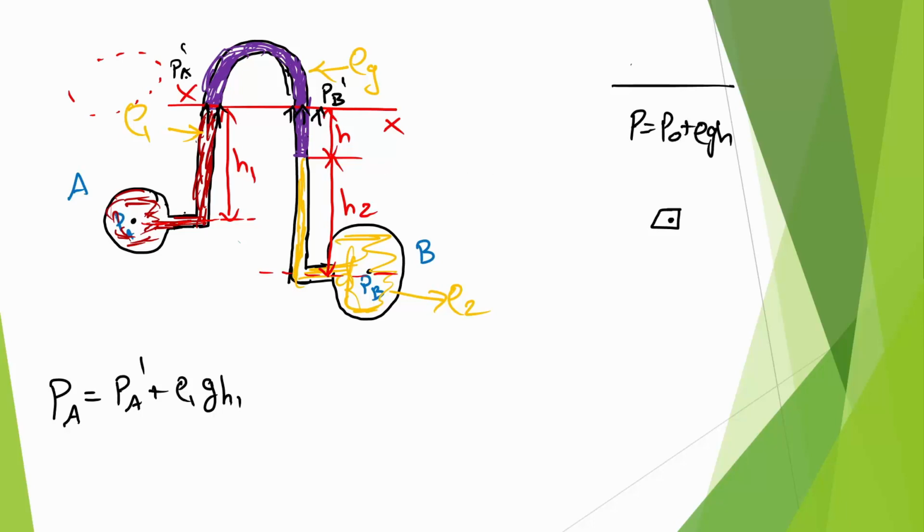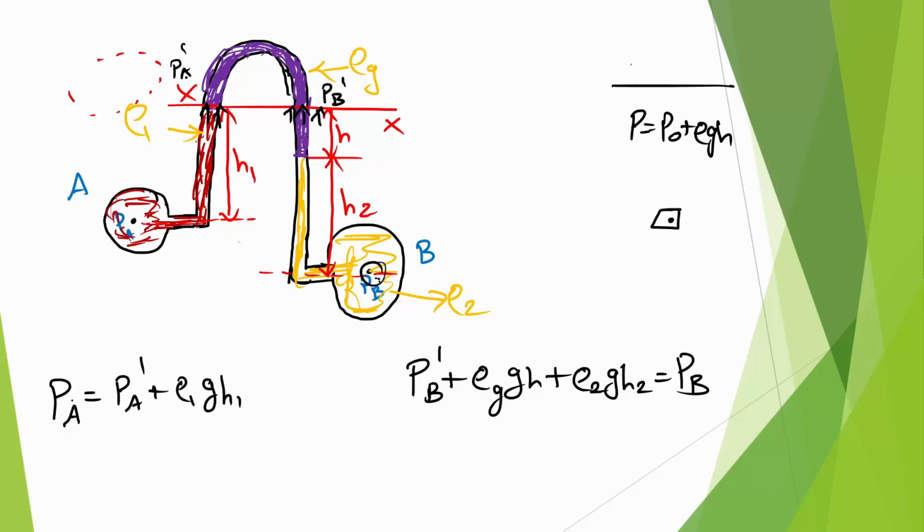So PA dash plus rho 1 g H1 will give me my pressure at PA. The same way, PB dash plus rho g H plus rho 2 g H2 should be equal to PB. That is my pressure at this point.